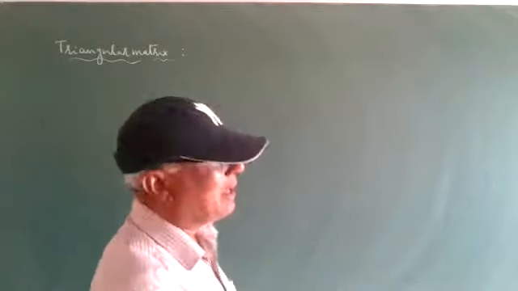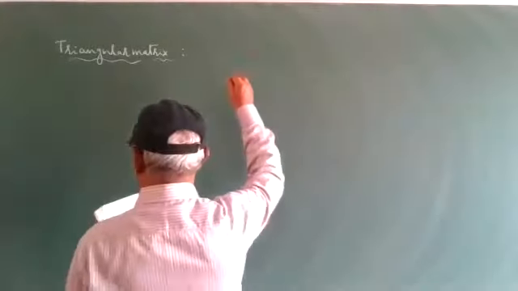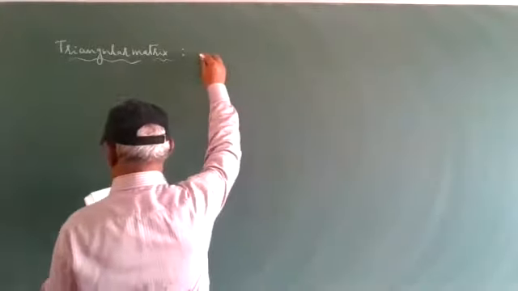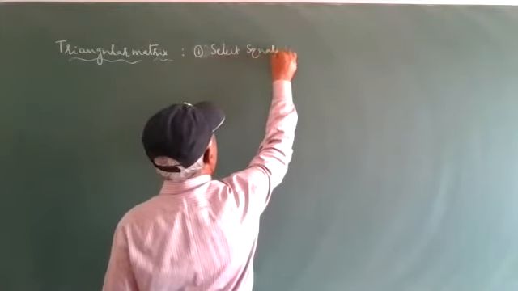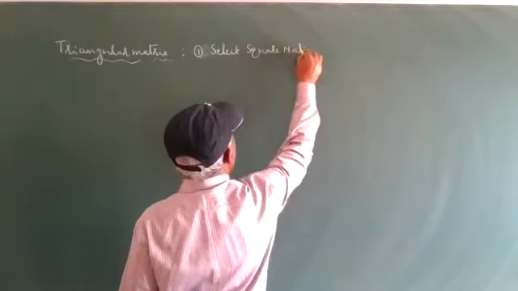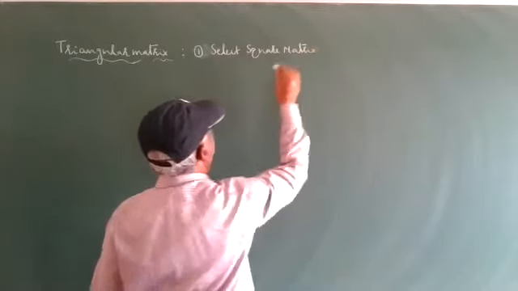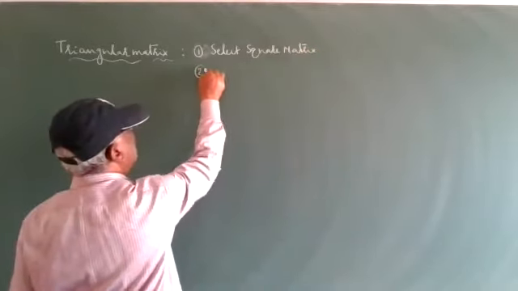For a triangular matrix, first you have to select a square matrix. First point: select the square matrix. So the selection of the square matrix is over. Next, select the principal diagonal.